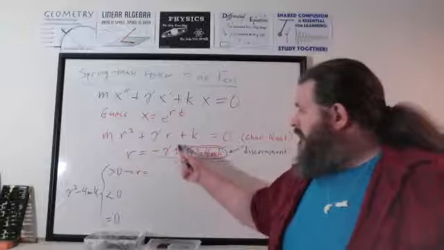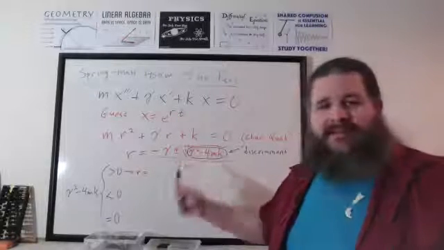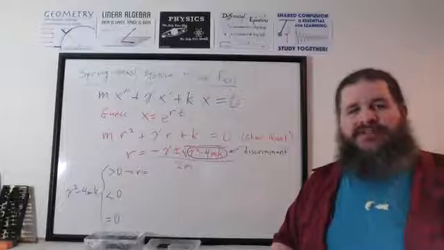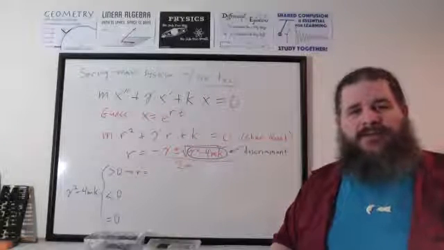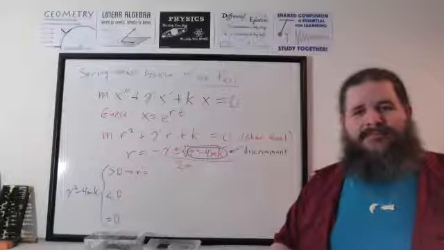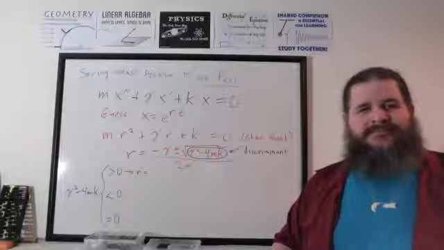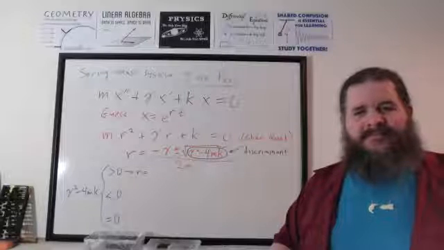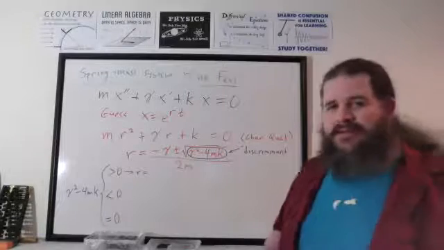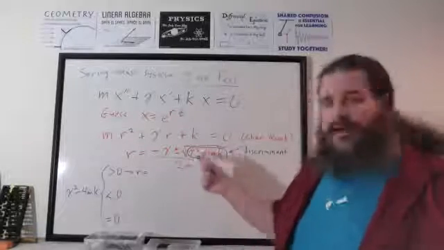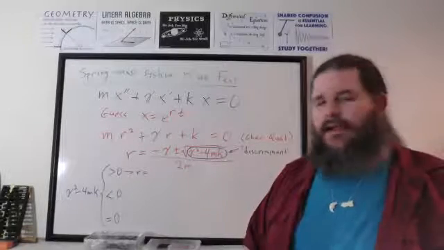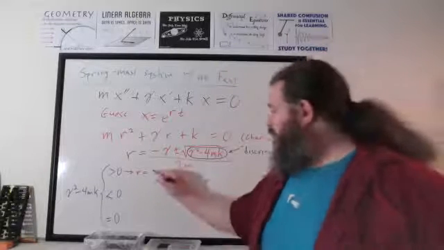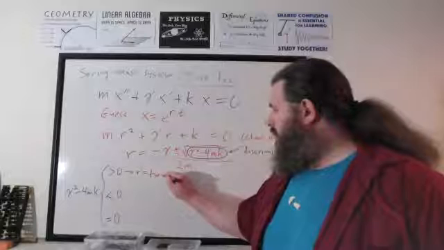Positive, but also we've got plus or minus, so we're adding it and subtracting it. And specifically, would you say the result is going to be real or imaginary or a complex mix of the two? If you're taking the square root of a positive number, I would expect a real value. And since you're adding and subtracting it, we get two real values. So R is going to be two real numbers.